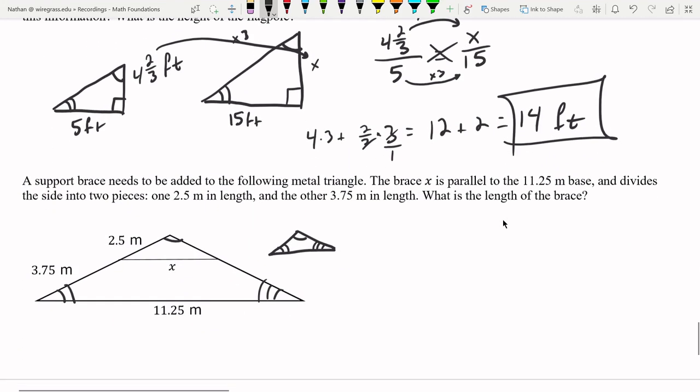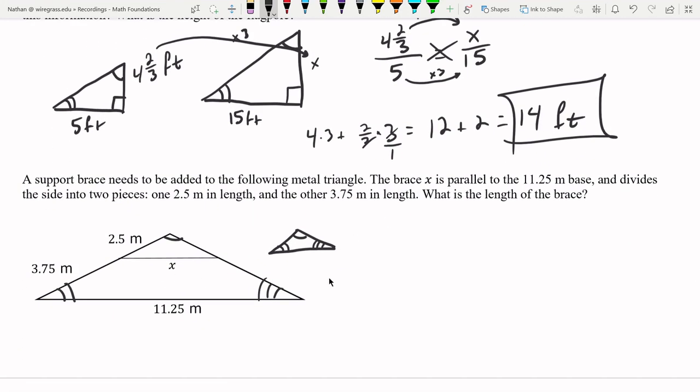So everything's similar. This is x, this is 2.5, and this full distance here is going to relate to the 2.5. X and 11.25 are related to each other. But this full distance here is going to be 2.5 plus 3.75, or 6.25 meters.